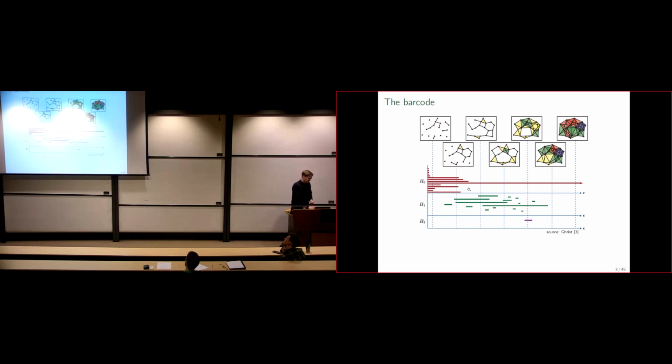Okay, and then as we grow the balls around our points, as we fatten the balls, and increase the number of simplices in our complex, it happens that cycles are filled up. So the bars stop, and components get merged.